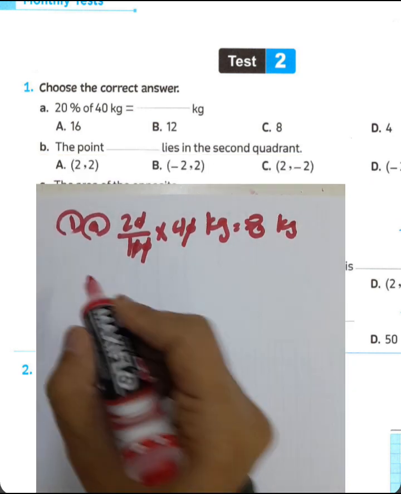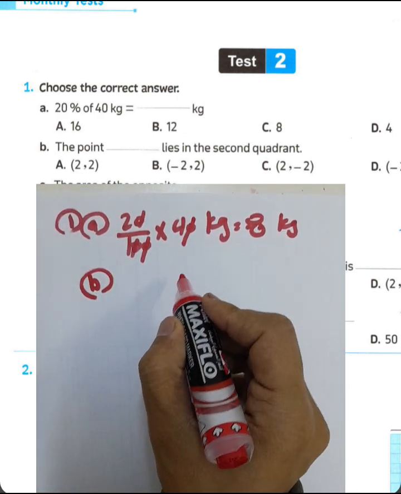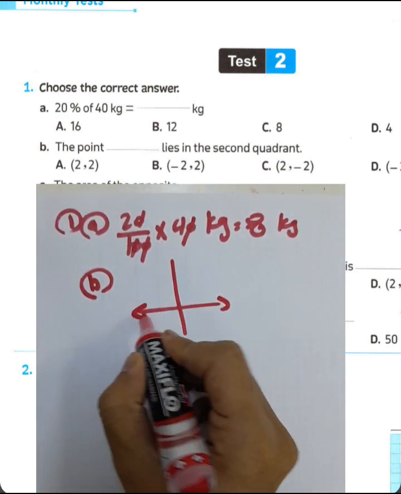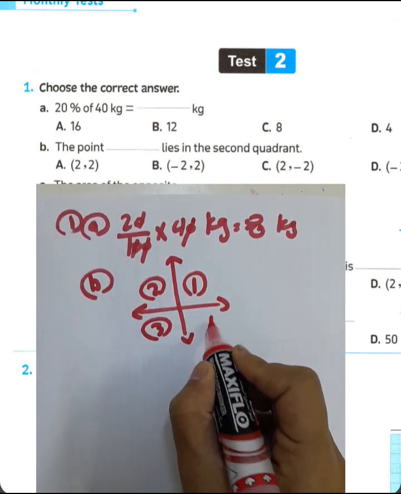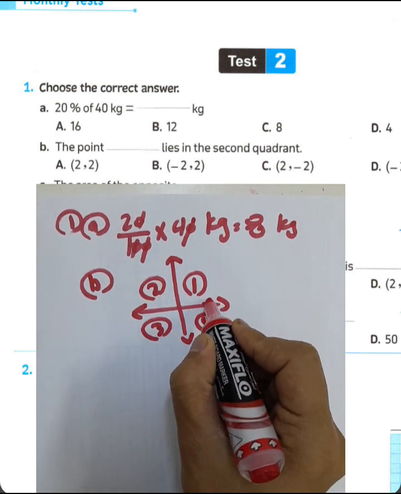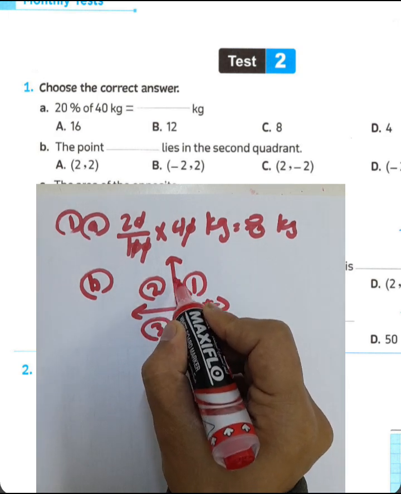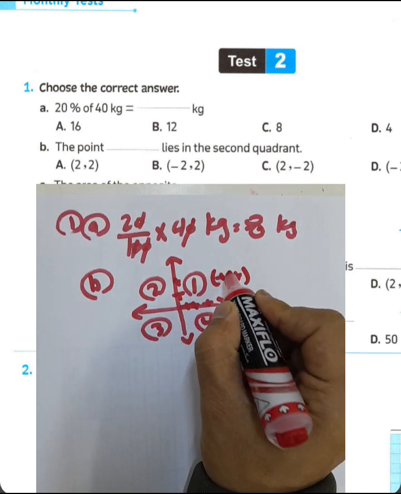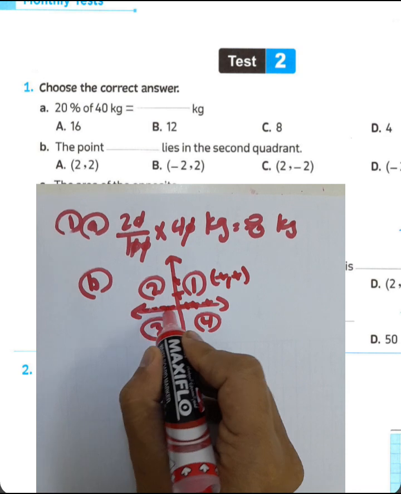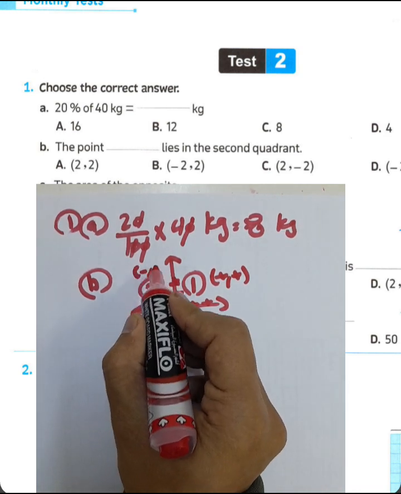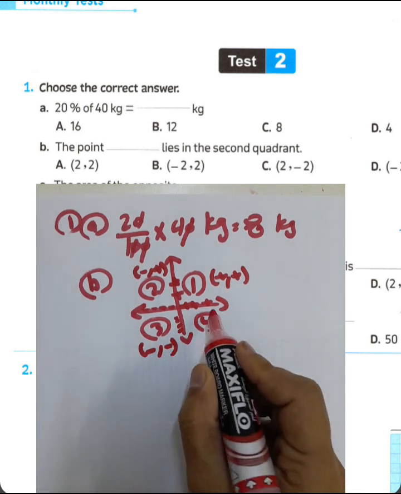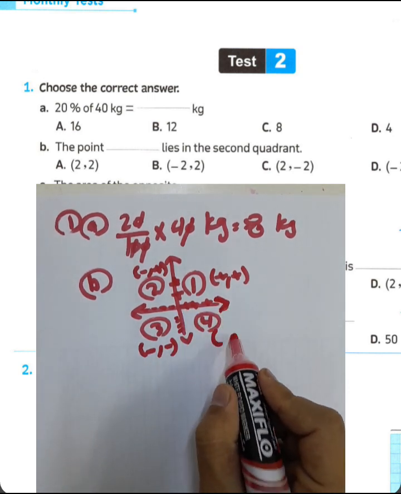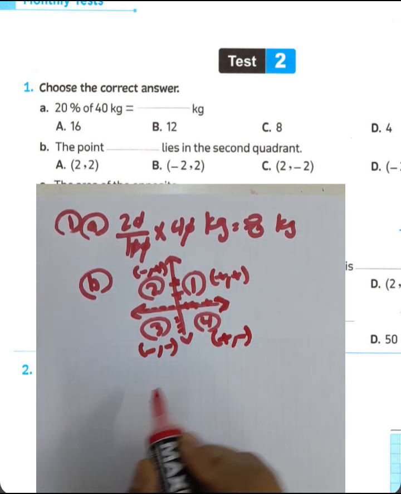Question letter B: which of the points lies in the second quadrant? We have the first quadrant, second, third, fourth. The signs in the first are positive and positive, in the second negative and positive, in the third negative and negative, and in the fourth positive and negative.